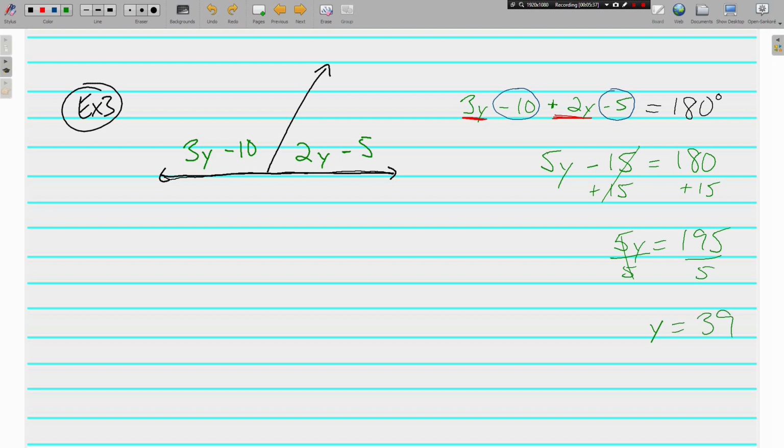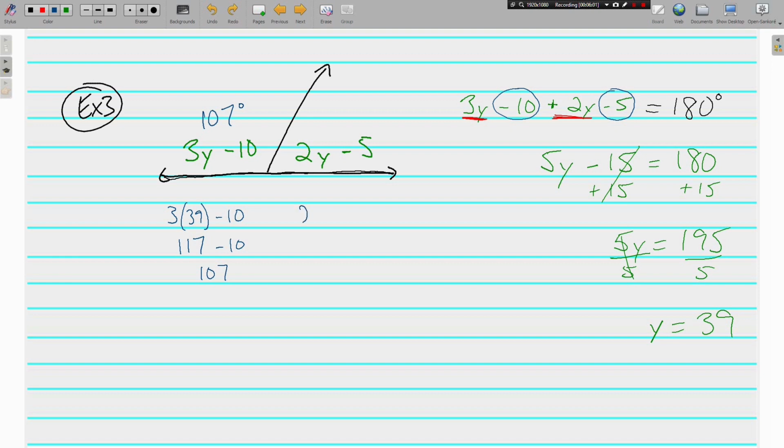If we want to find the actual angle measures, we'll have to substitute 39 in for y. 3 times 39 minus 10. Let's see. 3 times 39 is 117. Minus 10 is 107. So this is 107 degrees.